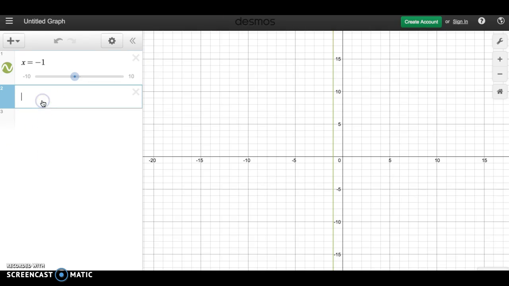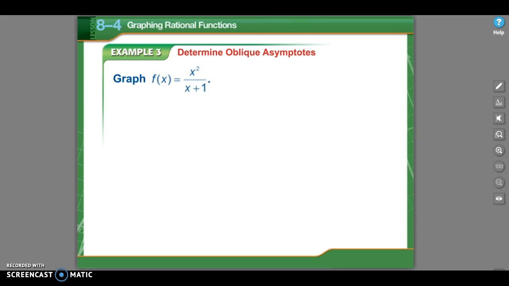And what I'm going to do next is figure out my slant asymptote. So I'm going to do some division. I'm dividing x plus 1 into x squared. So I'm going to write this as x squared plus 0x plus 0, just to make sure I get everything written the technical way that you're supposed to do long division. x plus 1 is our factor that we're dividing in.